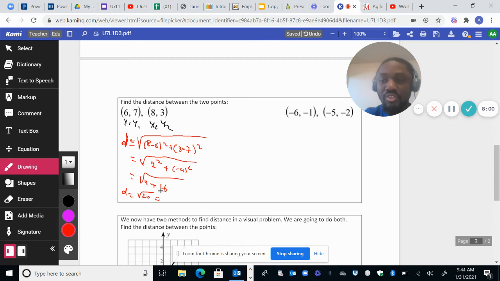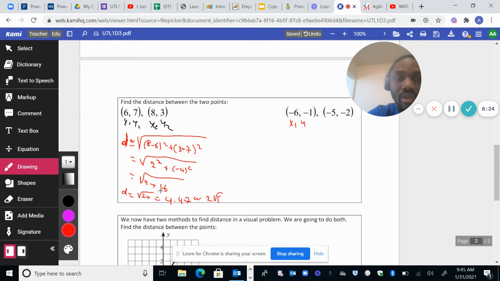By approximation, the square root of 20 is 4.47. Or 20 goes to 4 times 5, and the square root of 4 is 2, so 2 root 5, or 4.47.